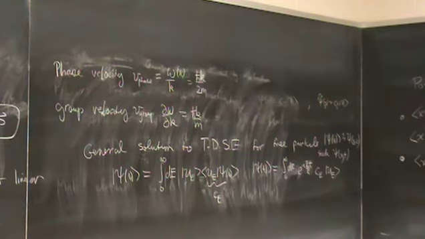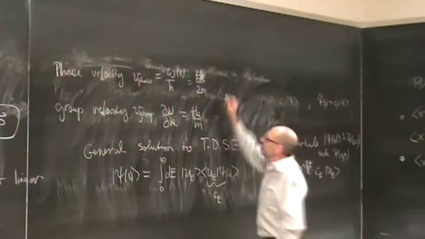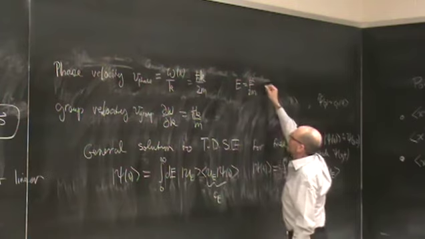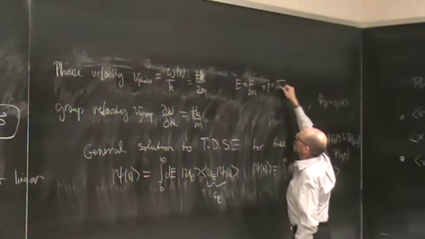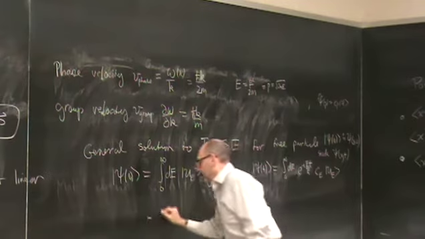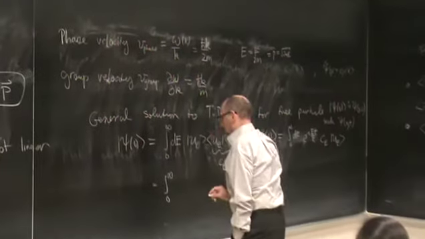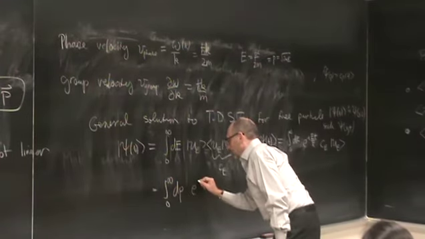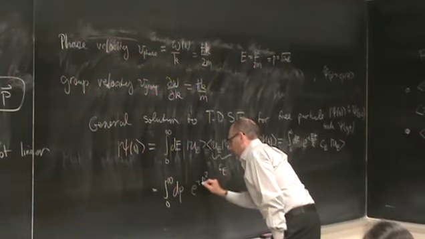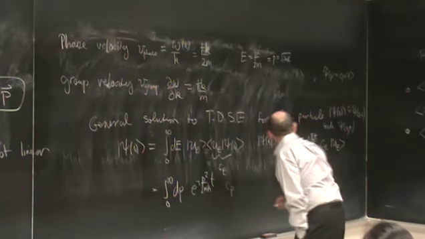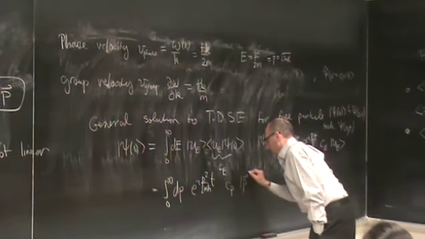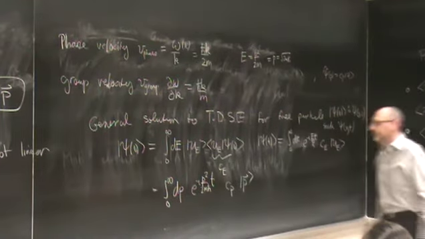So in this case, E and p are just related. So I could write this as an integral over momentum. Remember, the energy is p squared over 2m, so p is just the square root of 2mE. So I can equivalently write this as an integral over momentum, the magnitude of the momentum, e to the minus i p squared over 2m h bar times time. These are my plane waves.